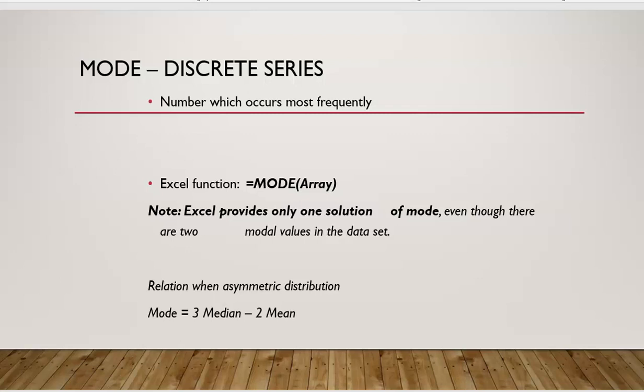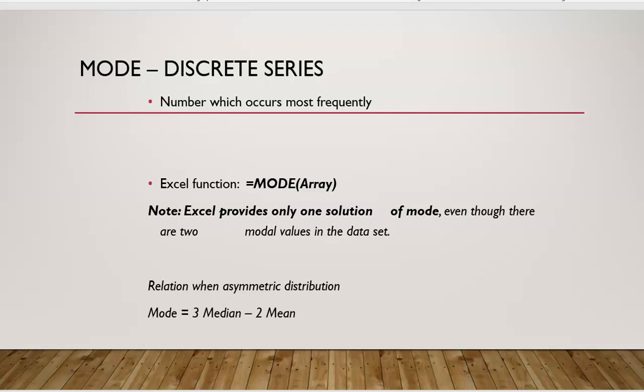There is a relationship between all 3 measures of central tendency, and it is like this: mode is equal to 3 times median minus 2 times mean. This will give you an approximation of mode. It doesn't give you the exact value, but this is an empirical relationship between the 3 measures of tendency, and it's widely used also for that.